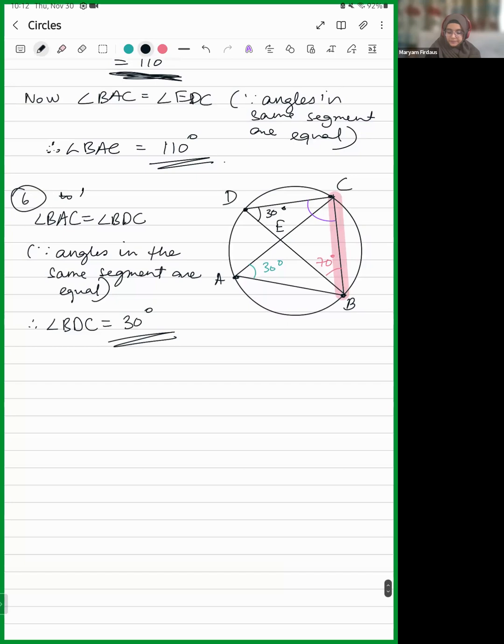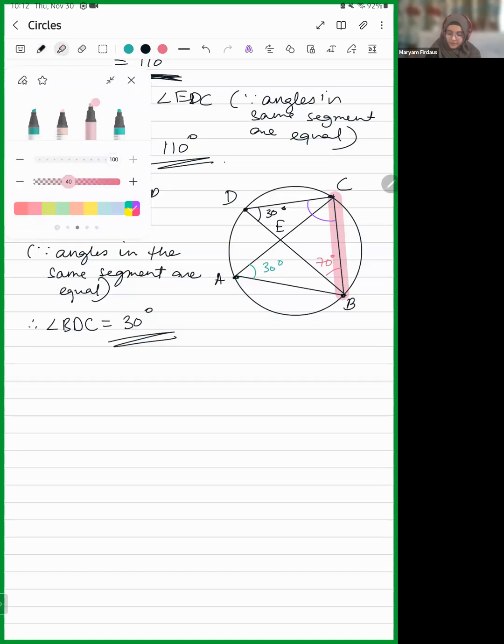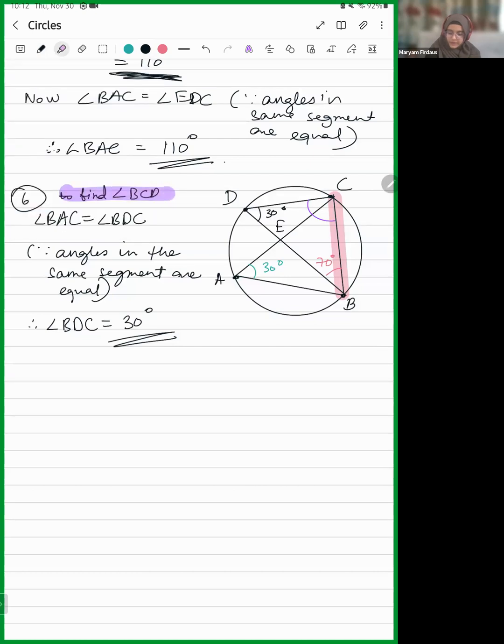To find angle BCD, that's what the question was asking us. So we can just ignore this line segment and think of this triangle: 30, 70, and that purple angle. Can someone quickly tell me how much will that purple angle be?